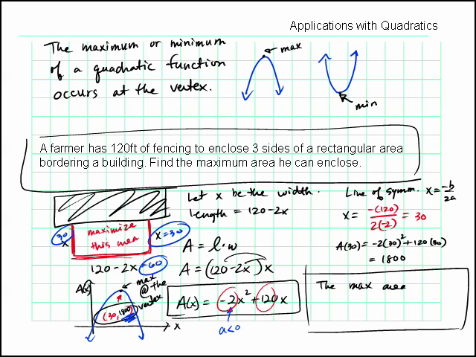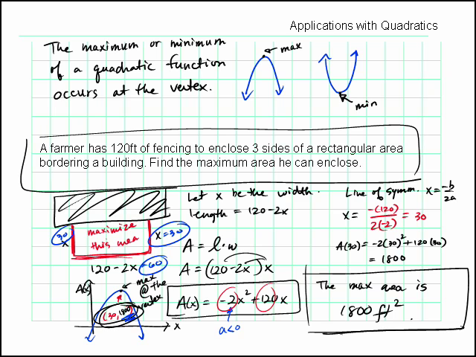Let's fix that: the area is 1,800 square feet, which is the y value of the vertex. And we've solved our maximum minimum problem.